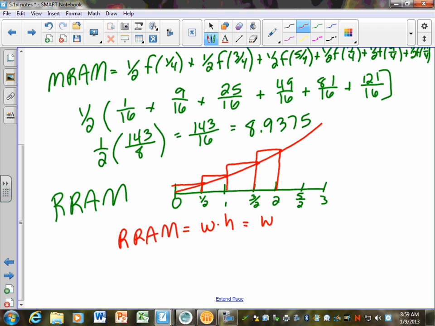If you want to write out the little formula like we did in the last one, it would be width times f of right endpoints.